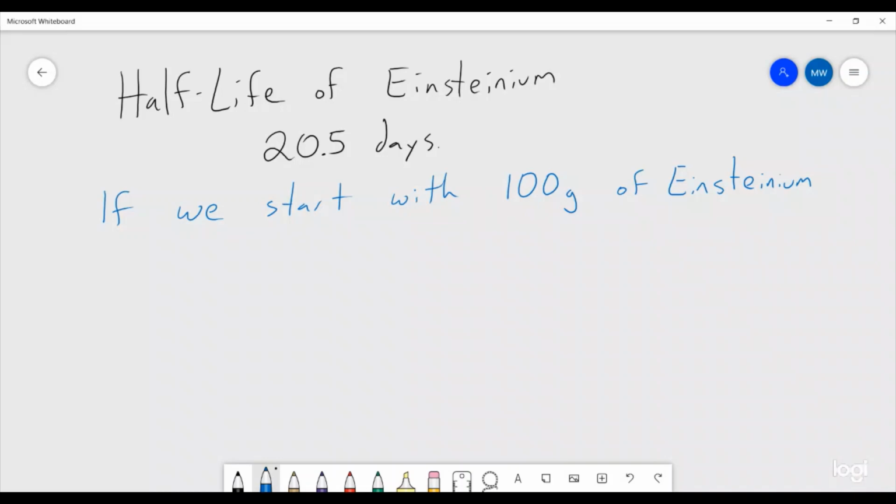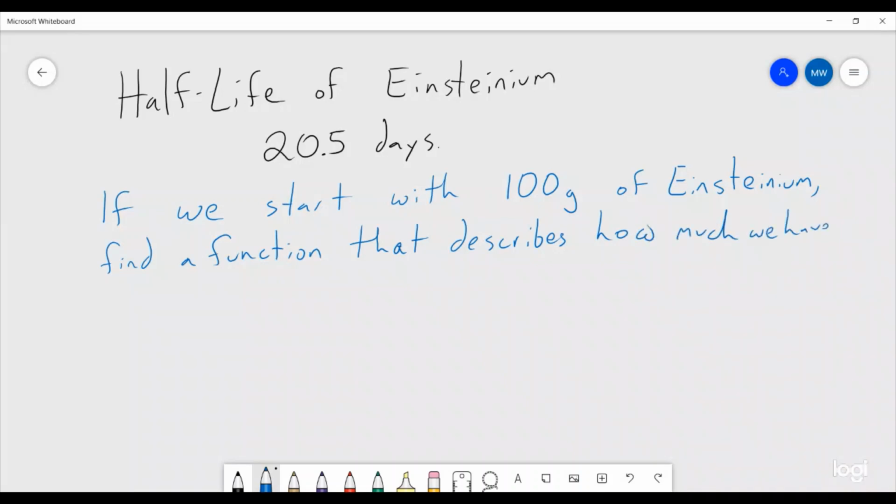So if we start with 100 grams of Einsteinium, find a function that describes how much Einsteinium we have at any given time. At a time t, which is measured in days.